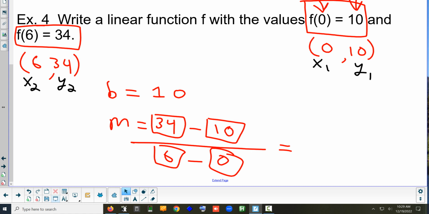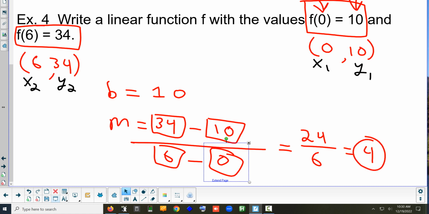Okay. 34 minus 10 is 24. And 6 minus 0 is going to give me 6. And 24 divided by 6 is 4. So, there's my B. B is 10. And my slope is 4.